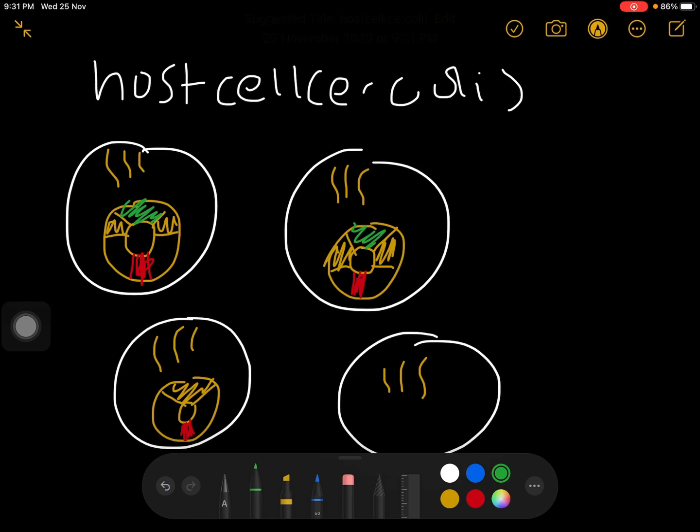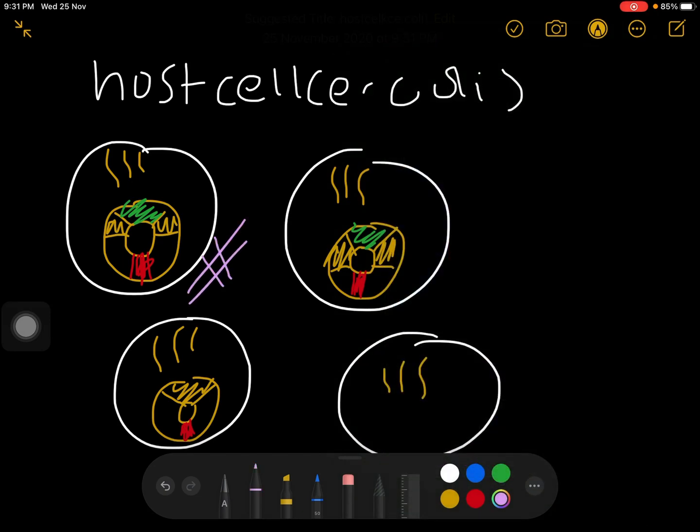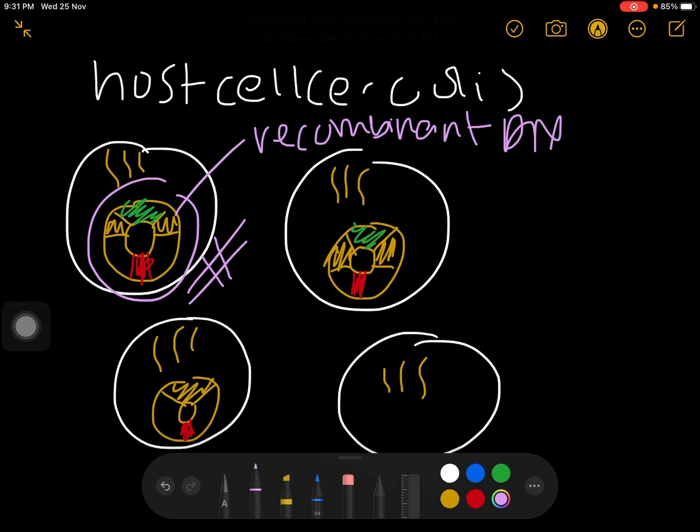So as a result, there are three possibilities for the whole cell. The first one is a whole cell that took up the recombinant DNA.